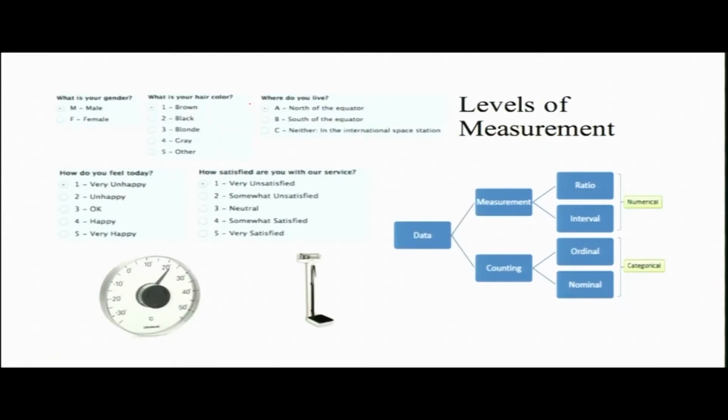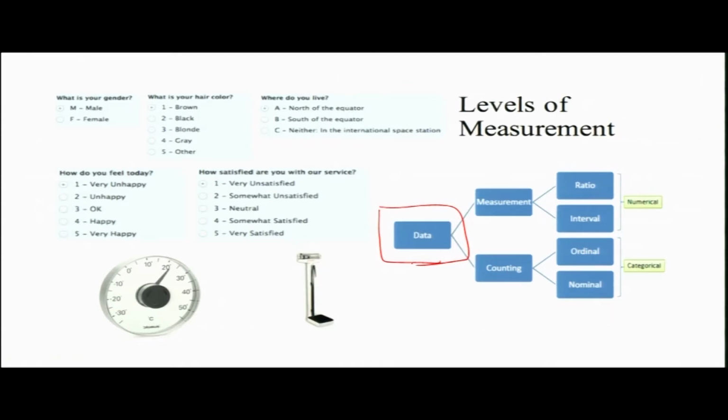Now, if we look at data, the idea of what sort of data we are planning to collect or have collected, we can measure it or just count it, quantitatively speaking.